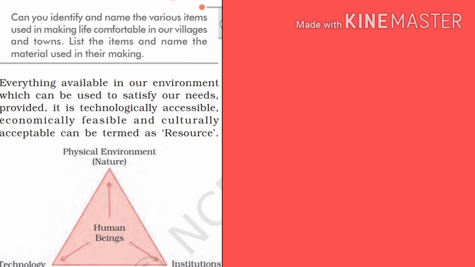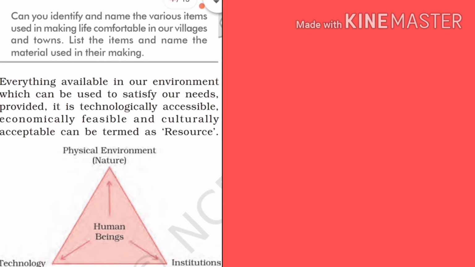When we extract silver for 100 and sell it after making a finished product for 200 or 250, it means it is economically feasible. Hope this is clear to you. Again I am telling you, resource is what satisfies our need, and it is technologically accessible, economically feasible, and culturally acceptable. It is called a resource.